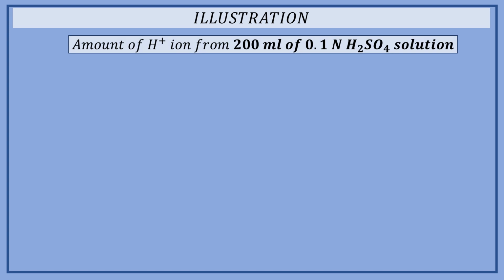Let us see an example to understand and appreciate the relationship between normality and molarity. We have to calculate the amount of H plus ion produced from 200 milliliter of a 0.1 normal H2SO4 solution.